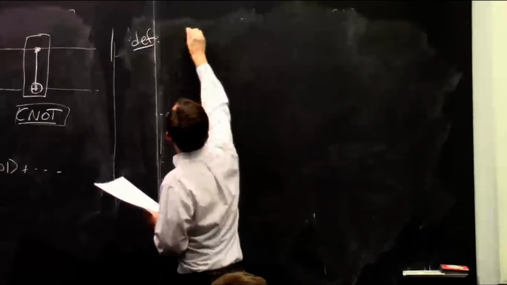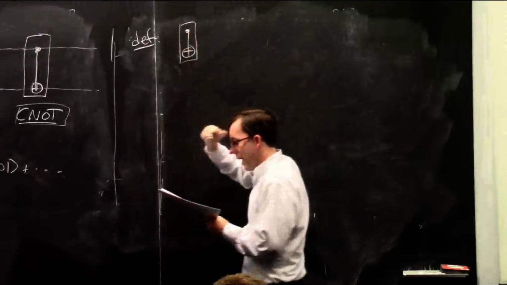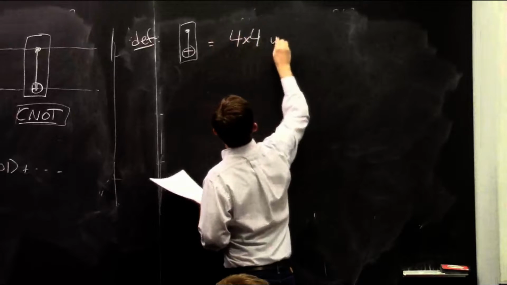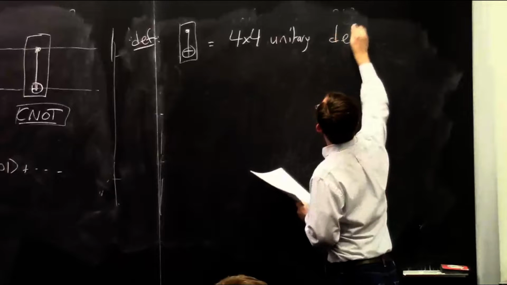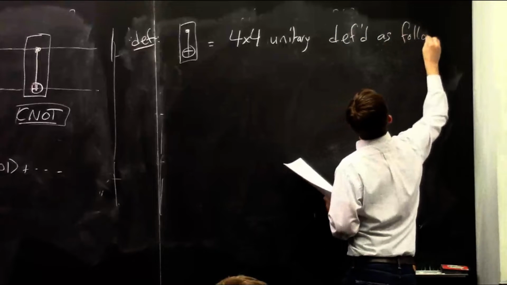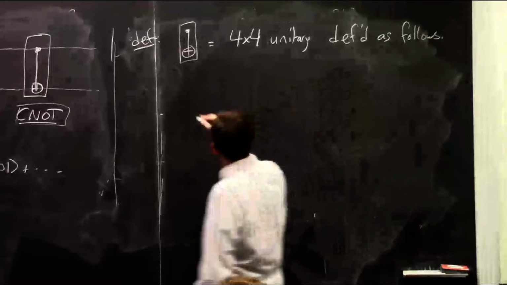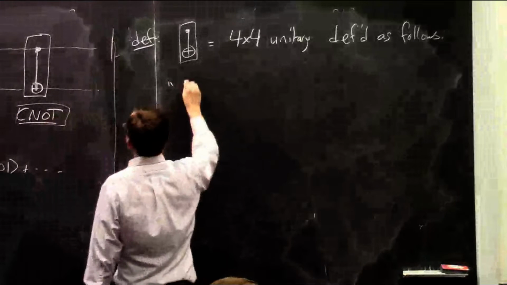Okay, so this is a picture of a gate or a physical device called CNOT, and it's a 4x4 unitary transformation defined as follows. It's 4x4 because it operates on 2 qubits. First, I'm going to define it in words, so this is slightly informal, and it's the words that you know from your homework.